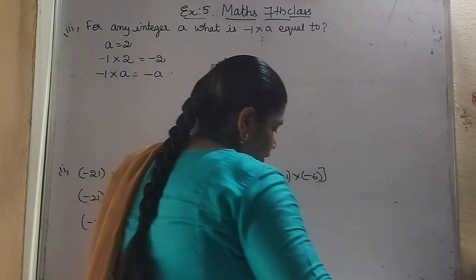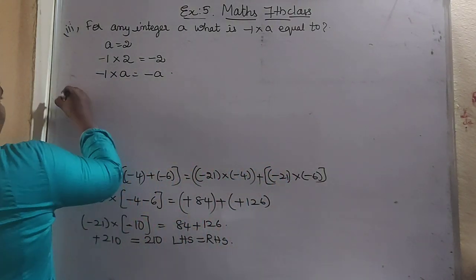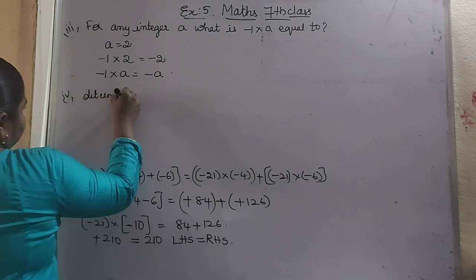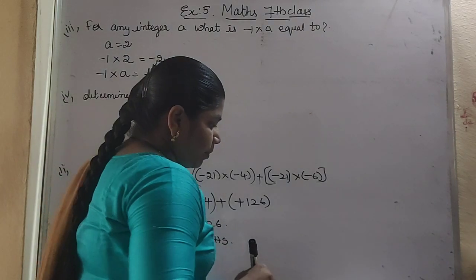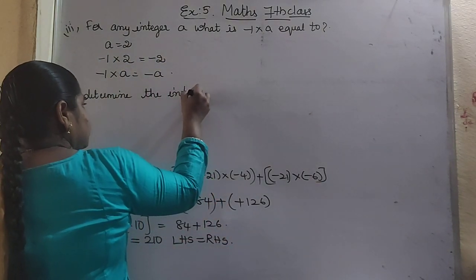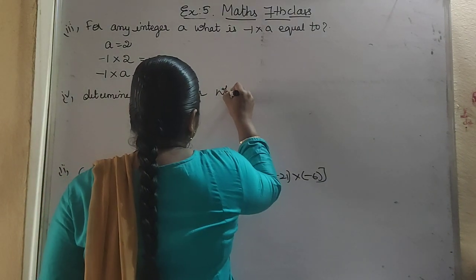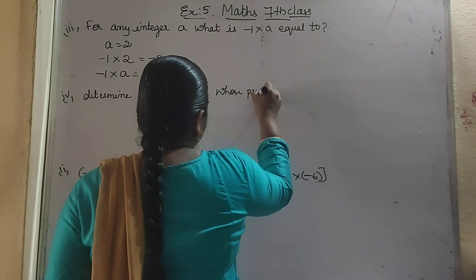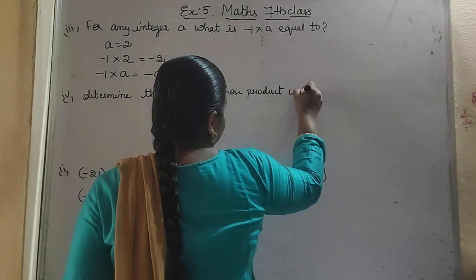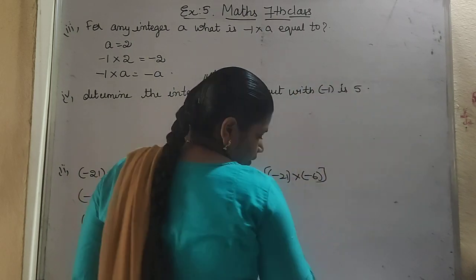Okay. So next one, determine the integer whose product with minus 1 is 5.